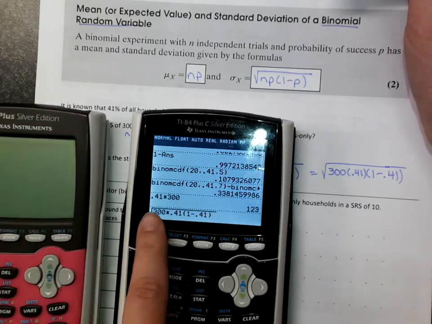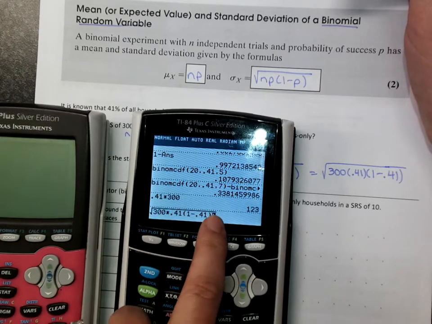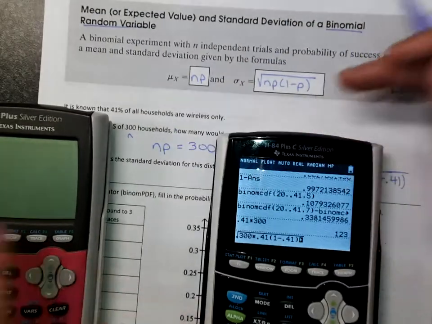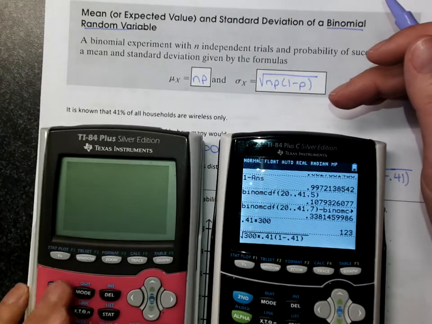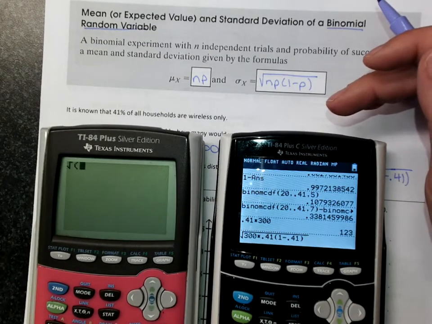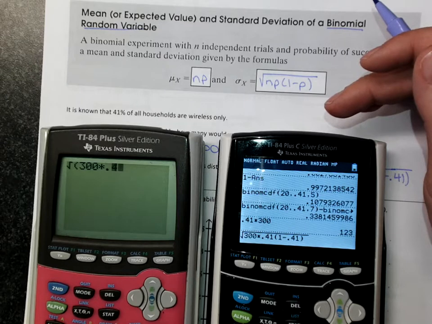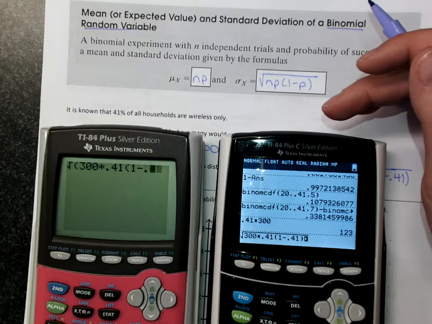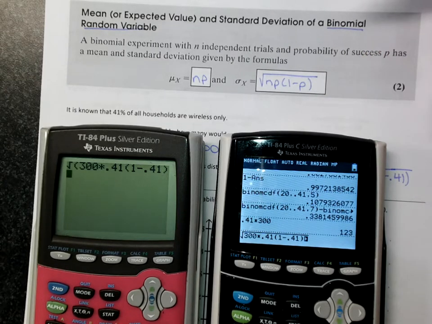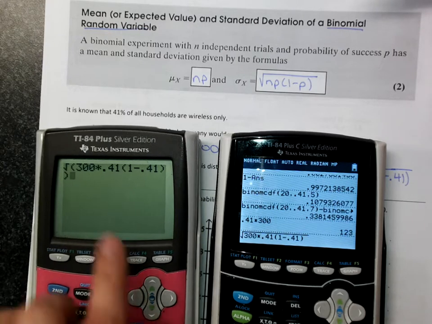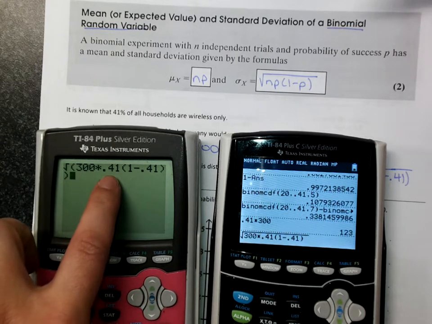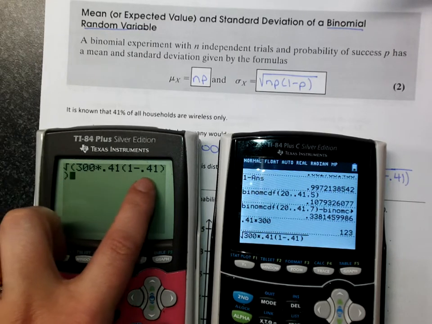In the newer calculators, the square root bar goes all the way across. In the older calculators, it opens a parentheses. So you'll type it in just like that, and you'll close that parentheses. So 300 times proportion 0.41 times 1 minus 0.41.